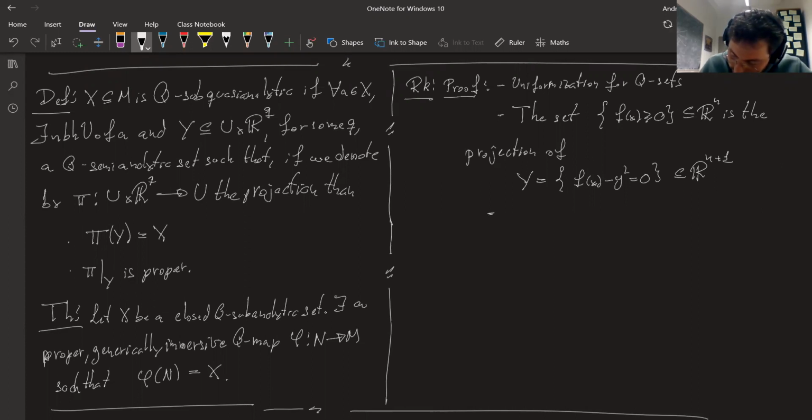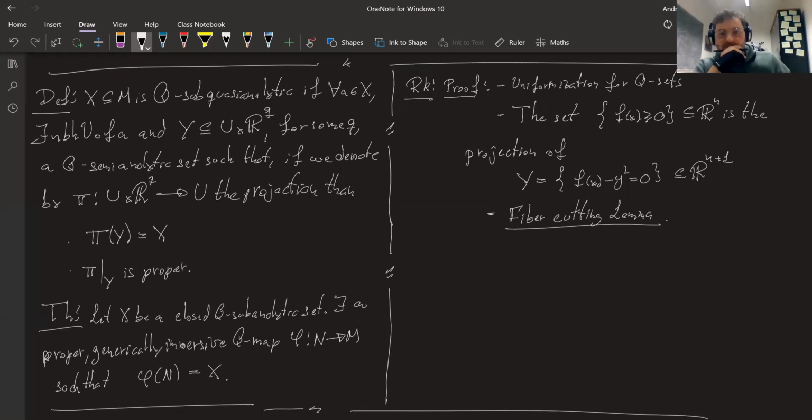And the third thing is what is called the fiber cutting lemma. Since I don't have time, I'm not going to state it, and I was actually not going to use it at any point in the rest of the course.